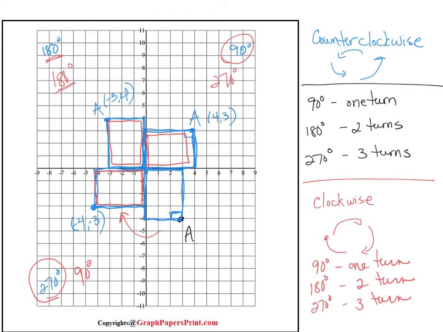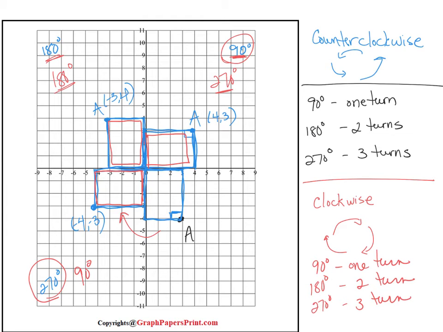Now, for those of you who prefer the rotation rules, let's take a look at our graph. Notice how 90 degrees counterclockwise in blue brought me to the same spot as clockwise 270 degrees.